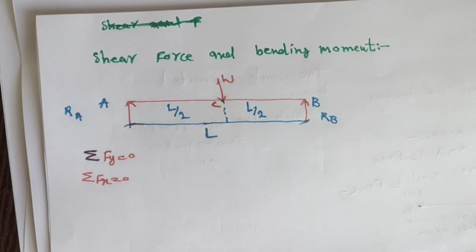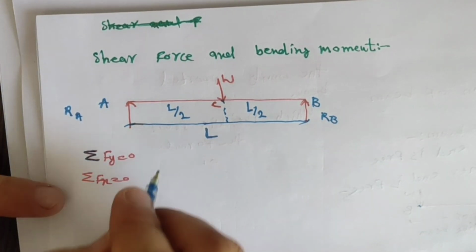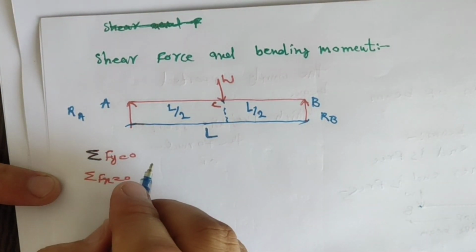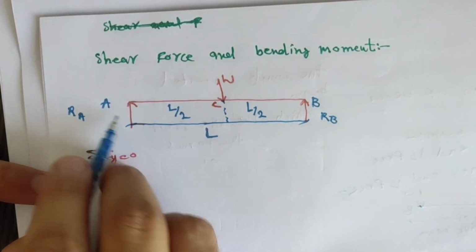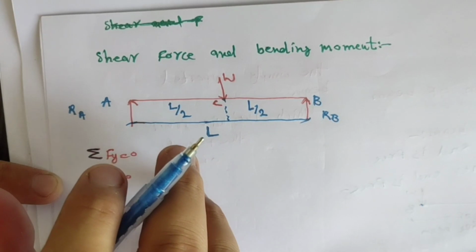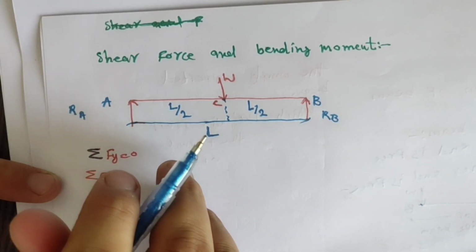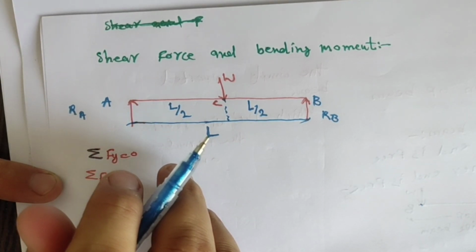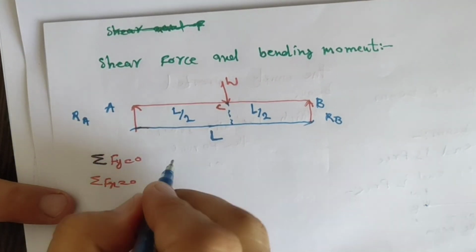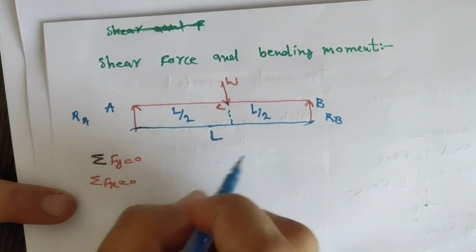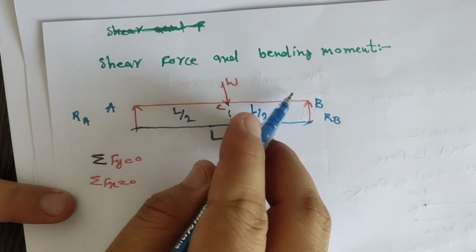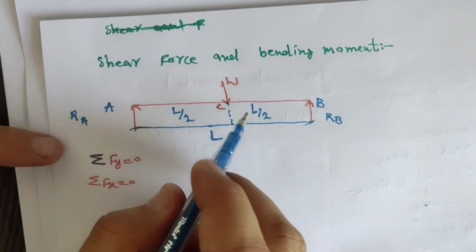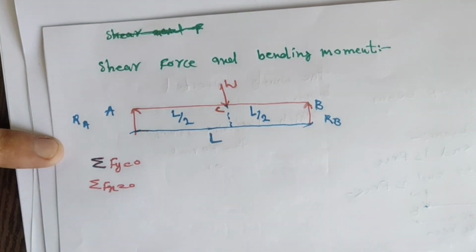We will calculate now. First of all, we should find the reactions RA and RB. After that we can easily find shear force and bending moment. RB is acting upward. Upward force is positive, downward force is negative.